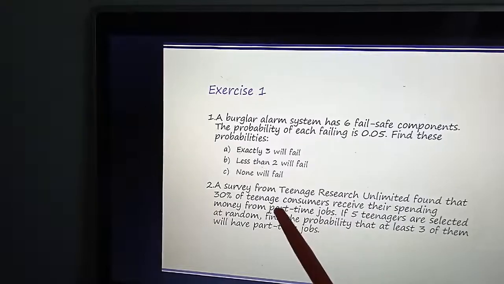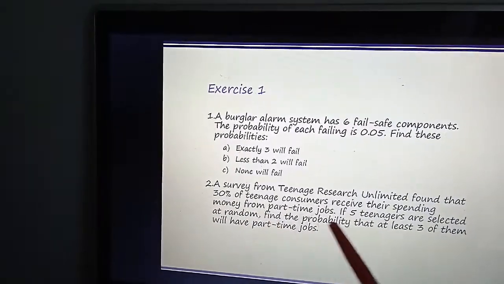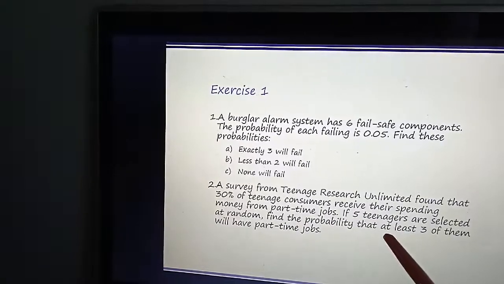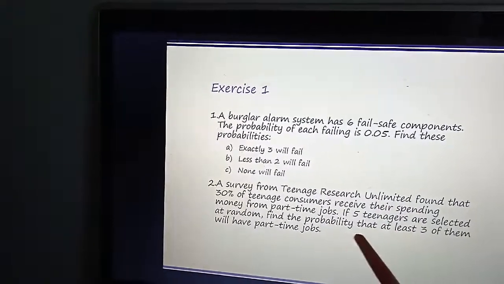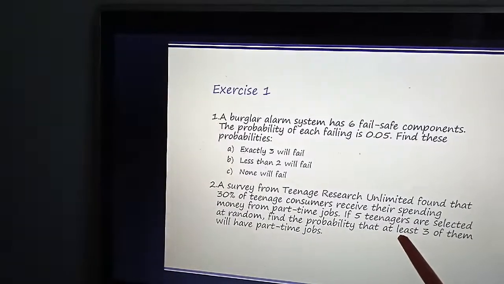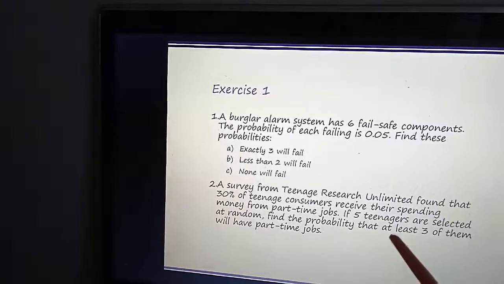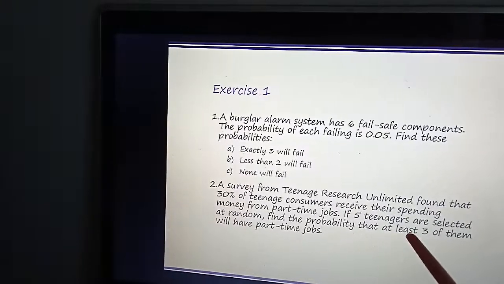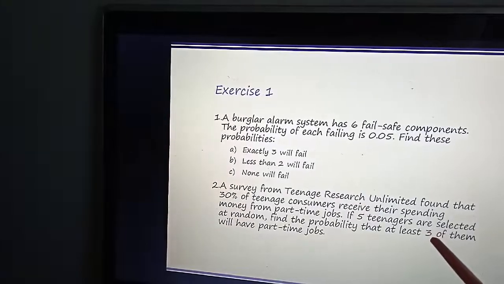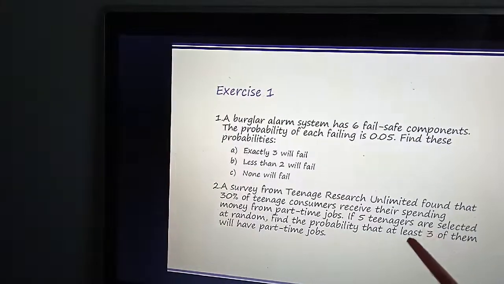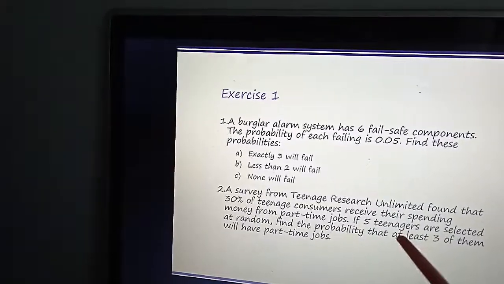So now p is 0.3, and n equal to 5. At least 3 means probability x equal to 3 plus x equal to 4 plus x equal to 5. You can use either the formula or the table. I will give the answer later.